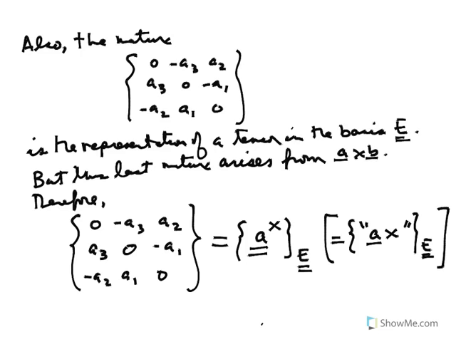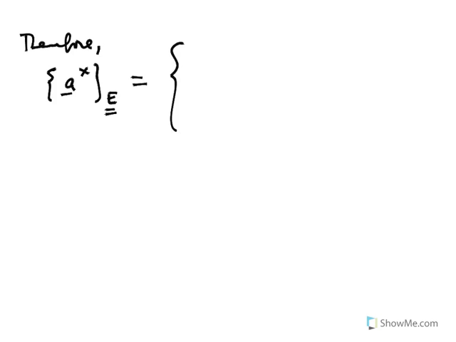So as a result, we get the following. A cross, which is my tensor, represented in this basis, is equal to this matrix, which is minus A3, A2, minus A1, A3, minus A2, A1.